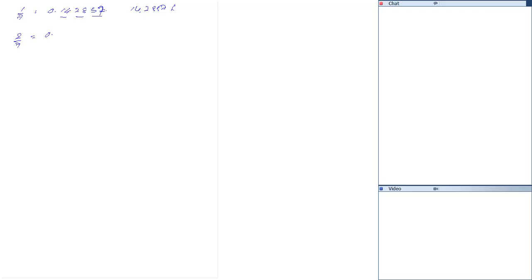It's 0.28, 0.2857, 0.285714. What is 3 by 7? 0.428571. Now, can you tell me what 4 by 7 would be by looking at these numbers? There is some magic happening there.